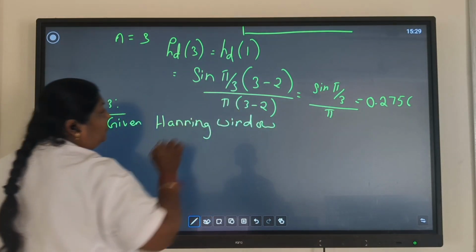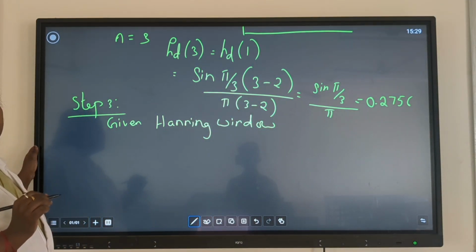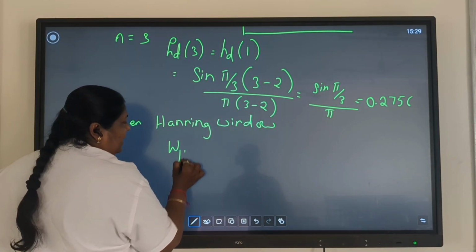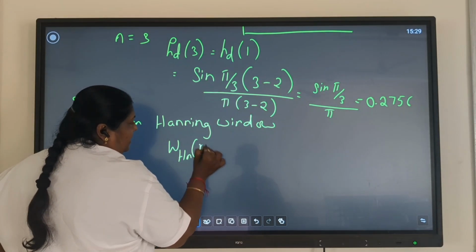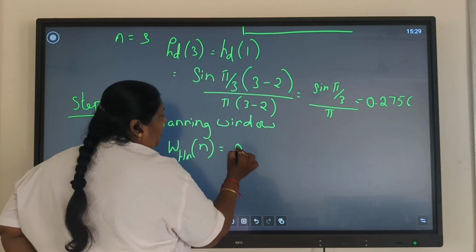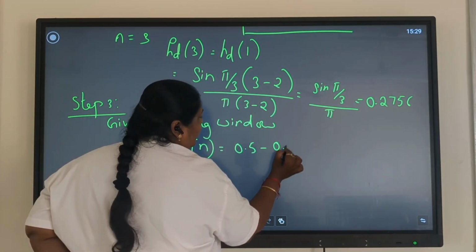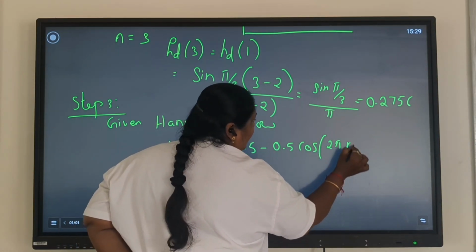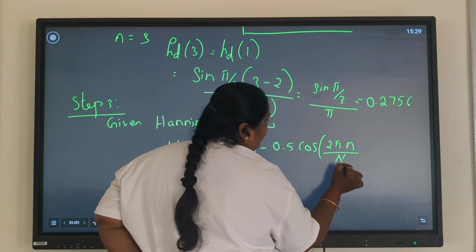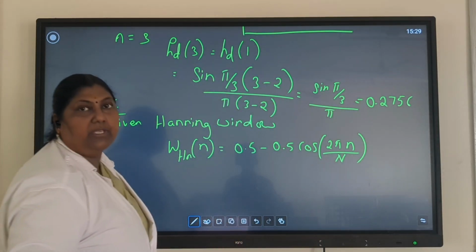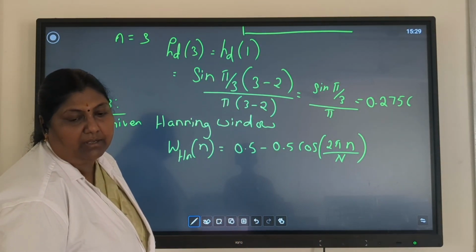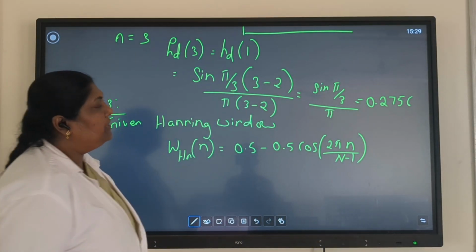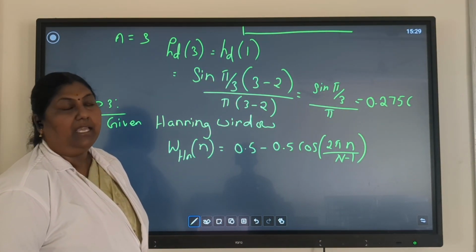A window also has two formulas, causal and non-causal. So the window formula is W Hn of n is equal to 0.5 minus 0.5 cos of 2 pi n divided by capital N minus 1. This is the formula for Hanning window.